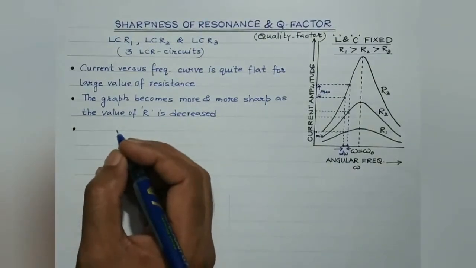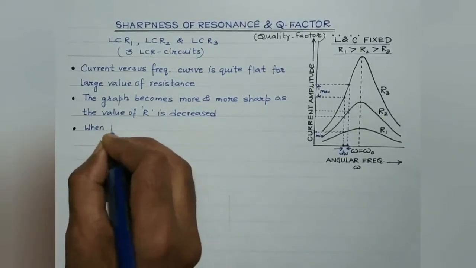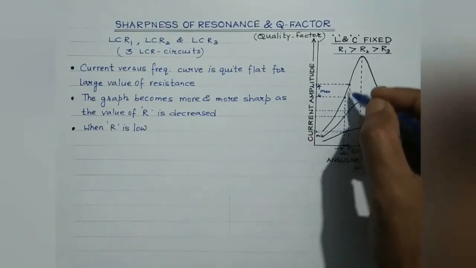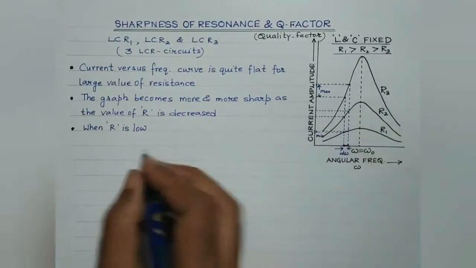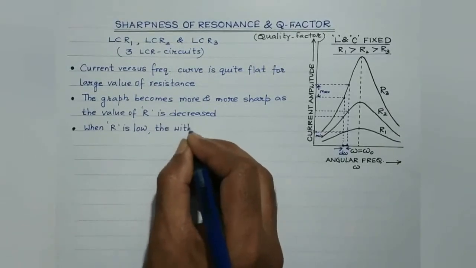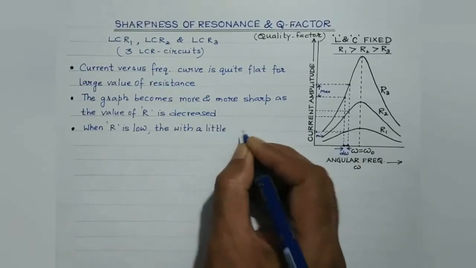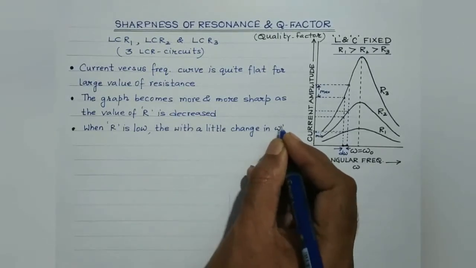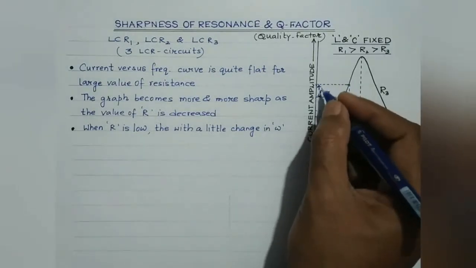So basically, it follows that when R is low, I'm talking about this case, R3 is minimum, then with a little change in omega, this is the small change made, right?